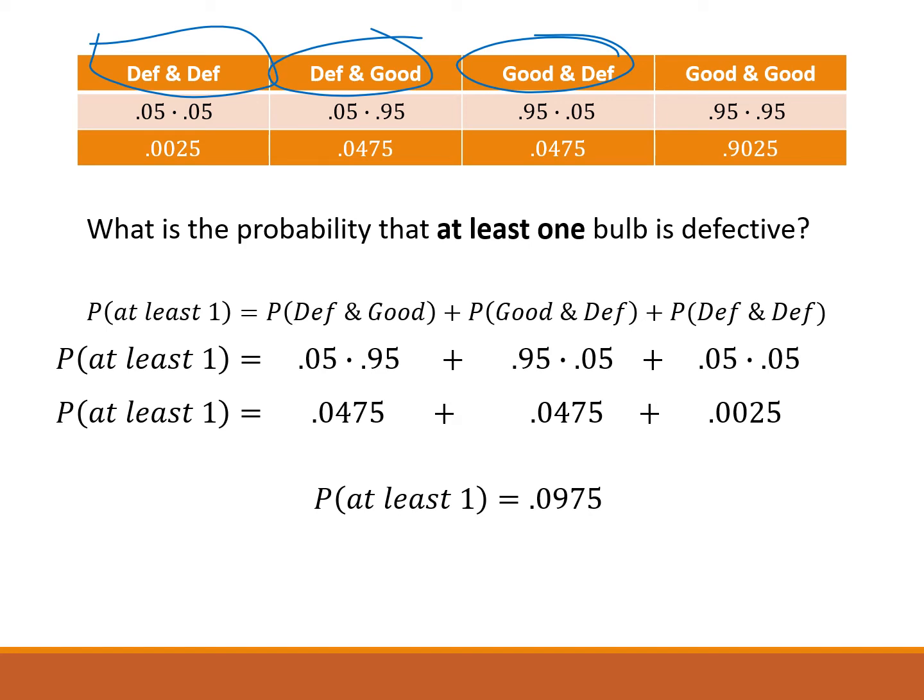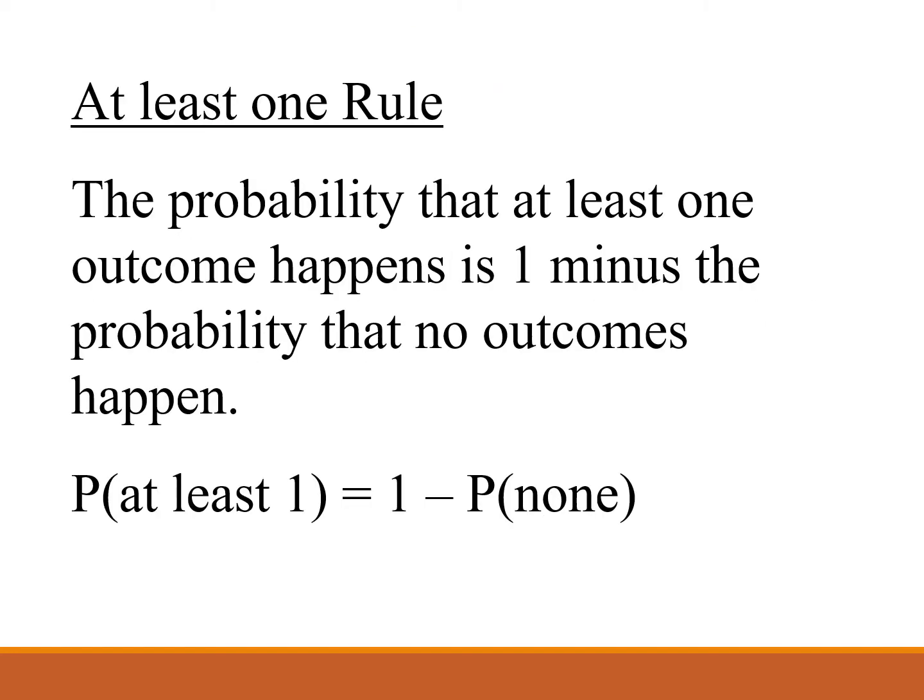So here's the rule that we like to use, the at least one rule. If we go back and look at the situation, if you just subtract the one that doesn't fit your scenario, then the other math will give you the addition of all the other situations.